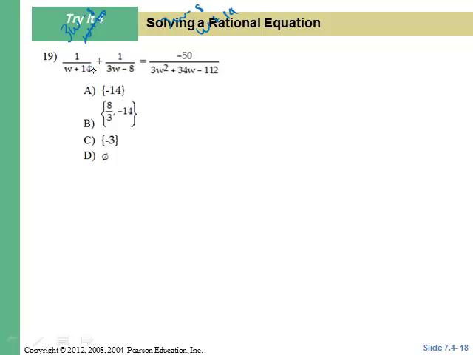Okay, this is missing here, so we're left with 3w minus 8, w plus 14, plus w plus 14 equals, these two cancel, and we're negative 3w and w makes 4w.